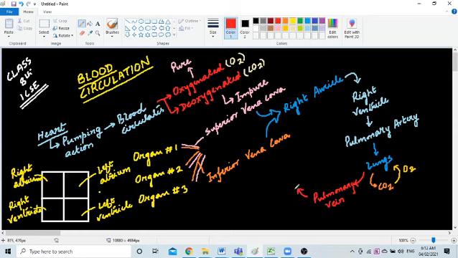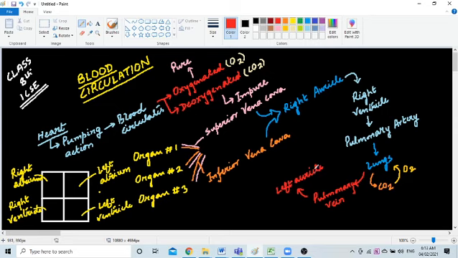The pulmonary vein carries it to the left auricle. Again remember that impure blood is carried to the right auricle, but the pure blood is carried to the left auricle.